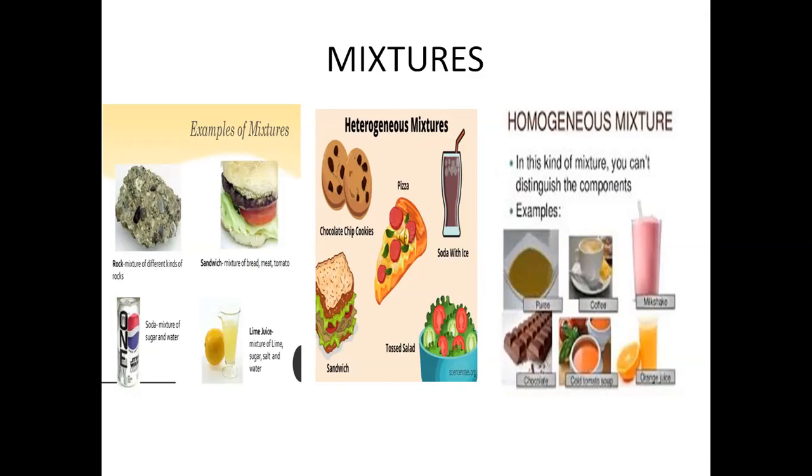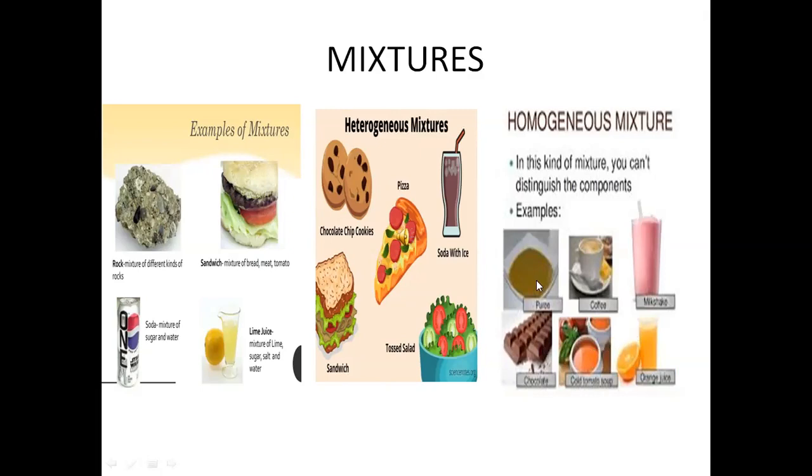Mixtures can be classified into two types: homogeneous mixtures and heterogeneous mixtures. Homogeneous mixtures means in this kind of mixture you can't distinguish the components, for example coffee, milkshake, chocolate, juices.